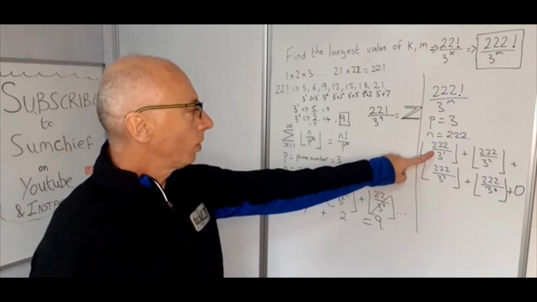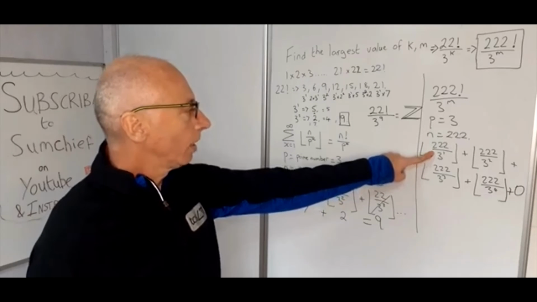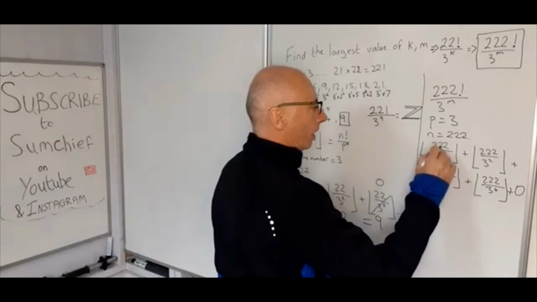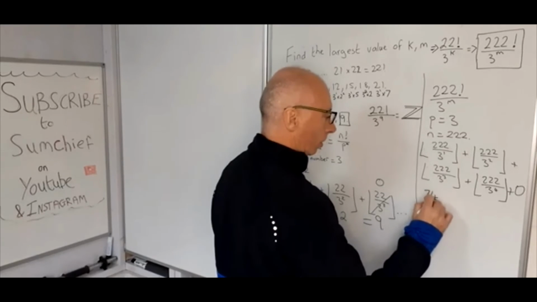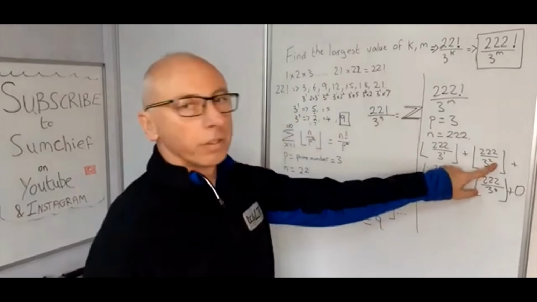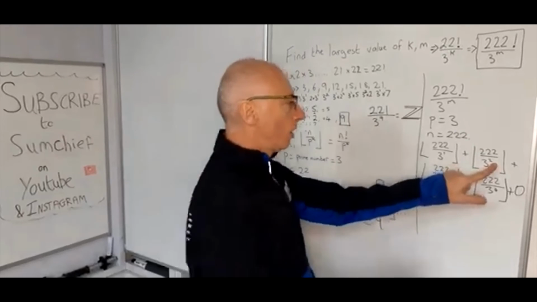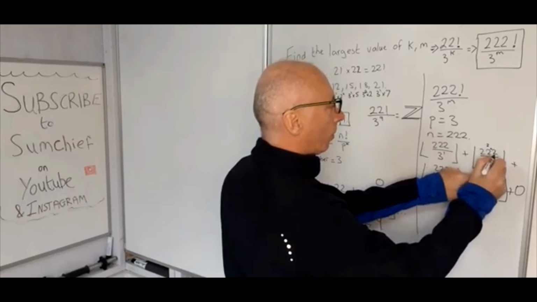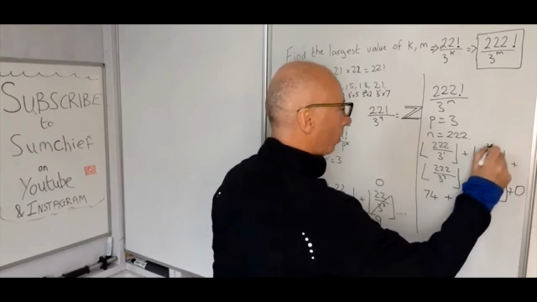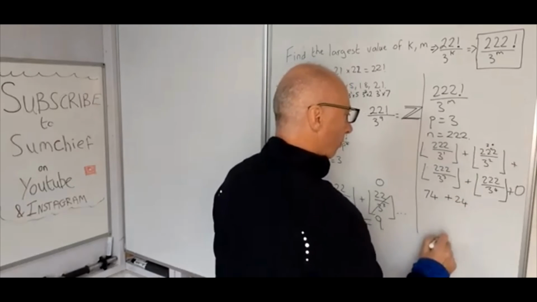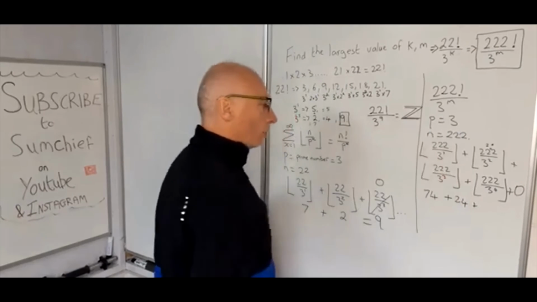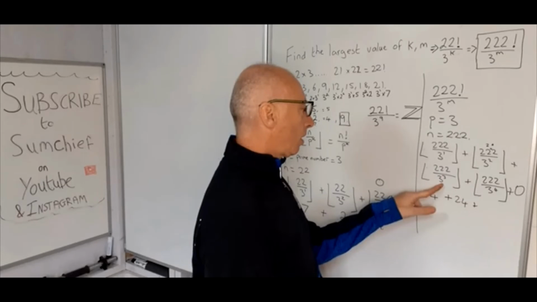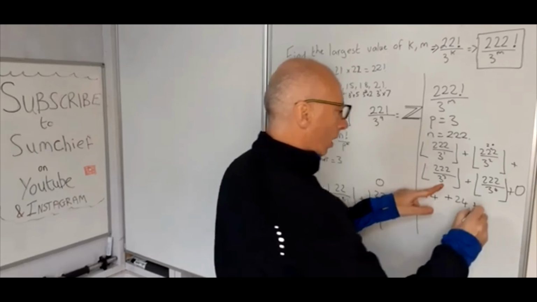Okay, let's work this out. 222 divided by 3, that's going to yield us 3's into 210 is 70, so that's 74. 9's into 222, so 9's into that go 2, and then 42, so the floor function of that is going to be 24. 222 divided by 27. So 27's into that are 162, 216, so that's going to give us 8.